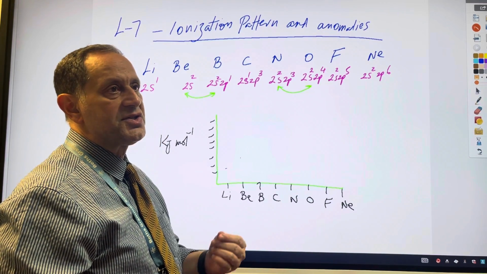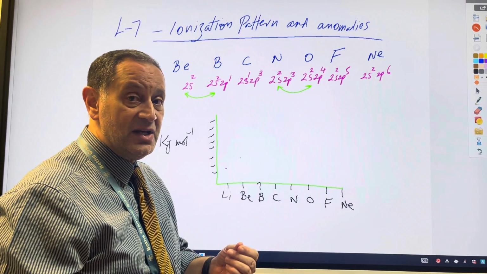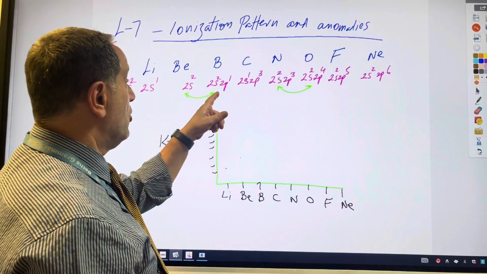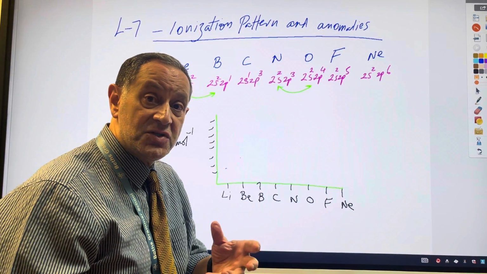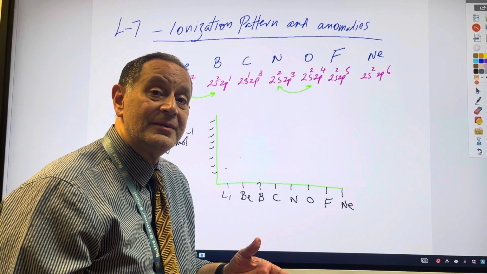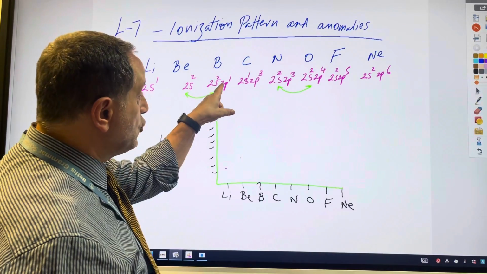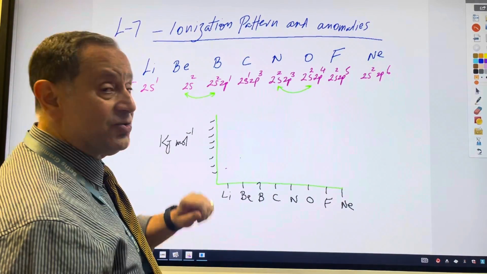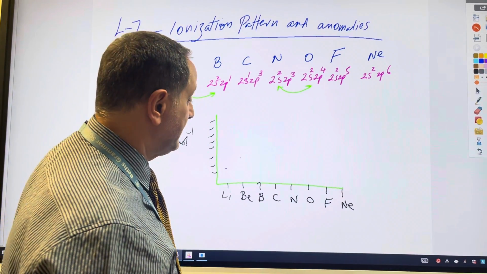Now, you have to consider whether you require more energy to remove a single electron from the p orbital, or to go and mess around with the 2s2 orbital, which is full and stable. And it will require less energy to remove the 2p1 from boron than to go and disturb one of the electrons and take an electron out of the 2s.